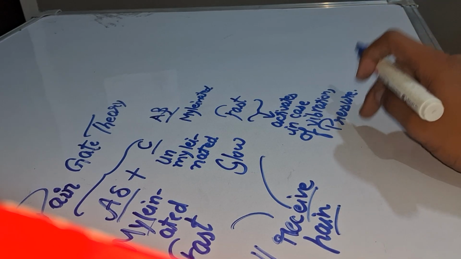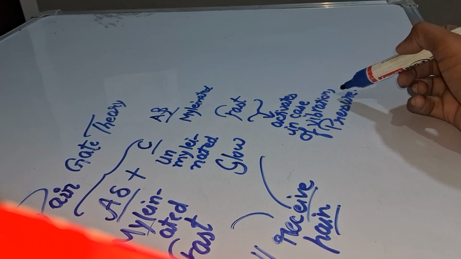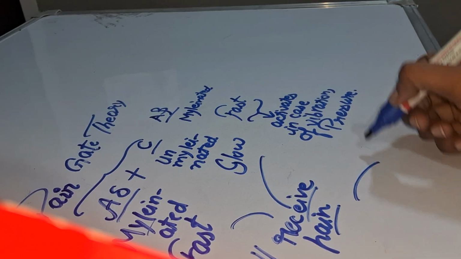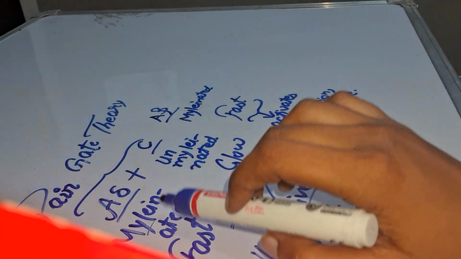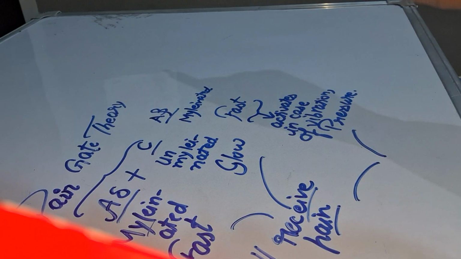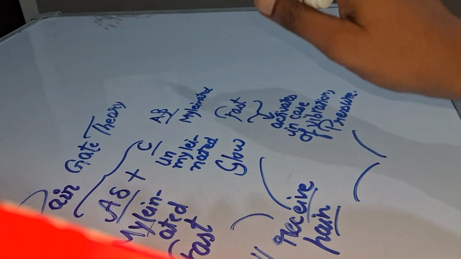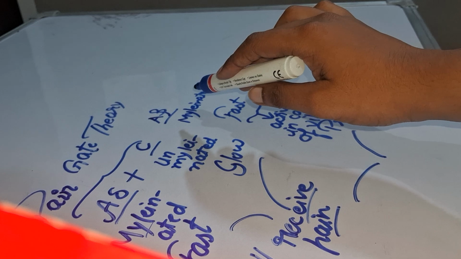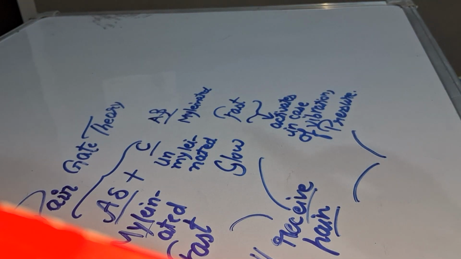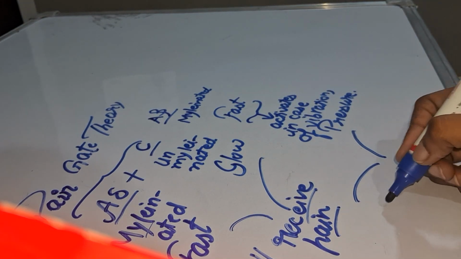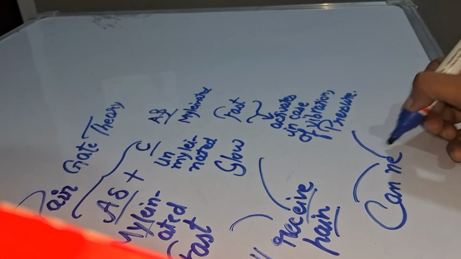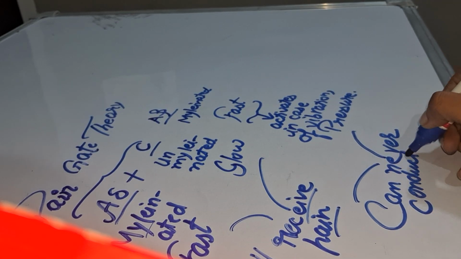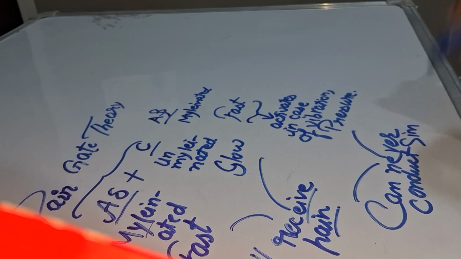But A beta fibers activate in case of vibration or pressure. Remember, A delta fibers, C fibers, and A beta fibers can never conduct any signal simultaneously.